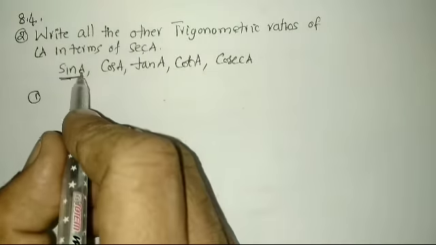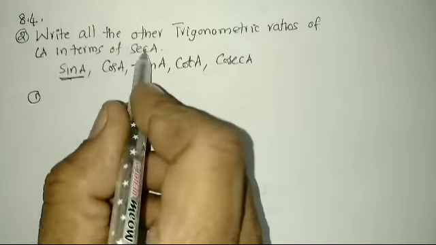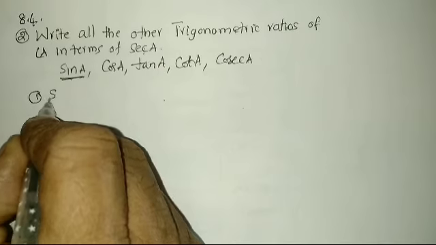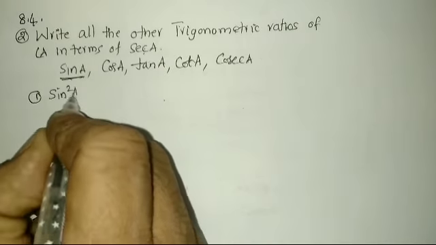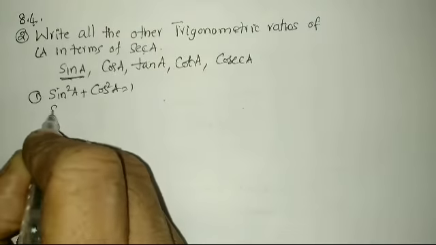So now there is no direct identity with respect to sin A and secant A, but we know that sin square A plus cos square A equal to 1.